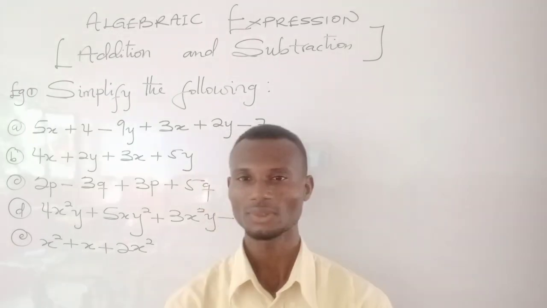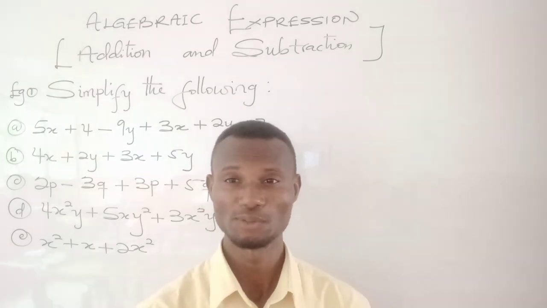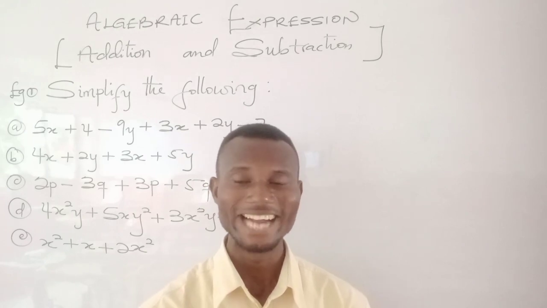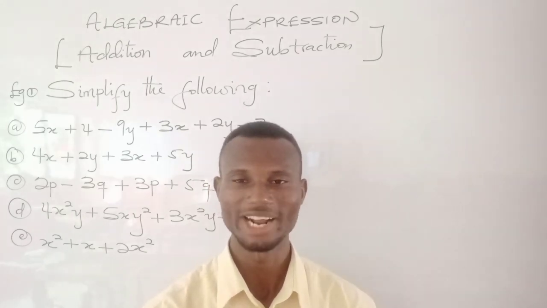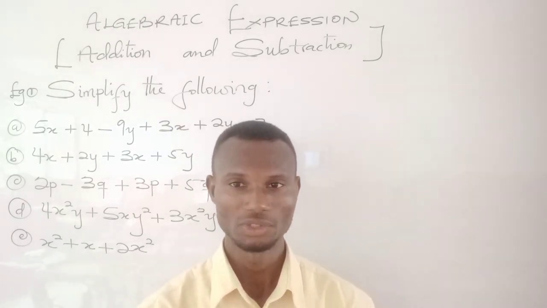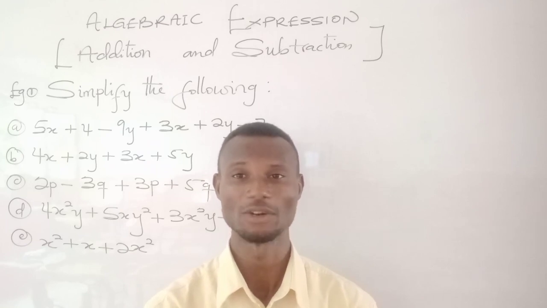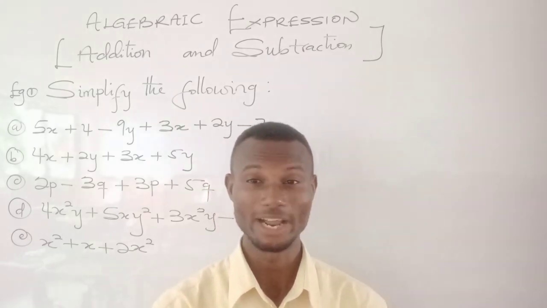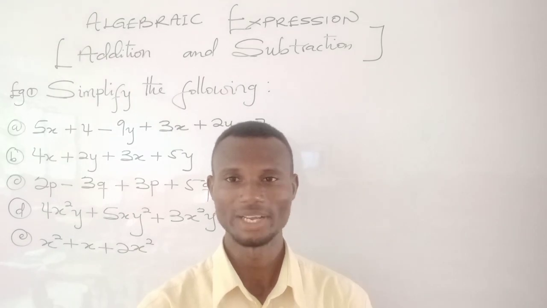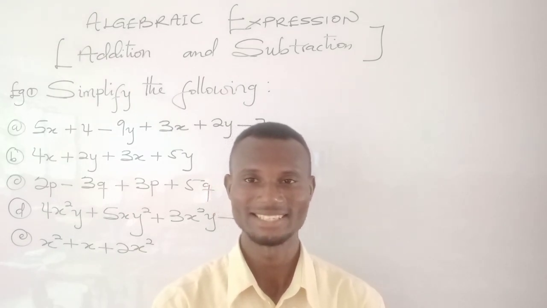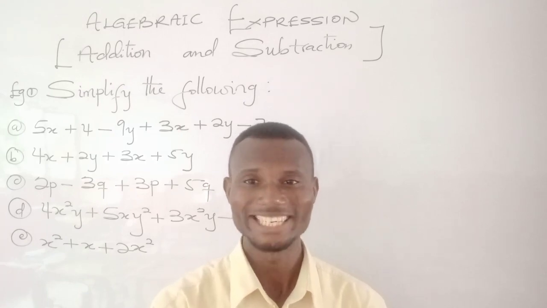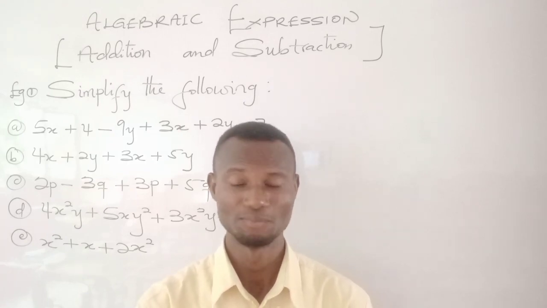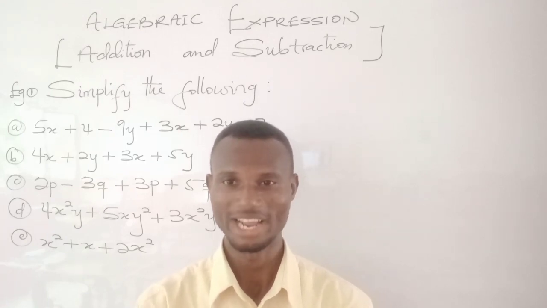Okay, so now, when it comes to adding or subtracting variables, which is the addition and subtraction of algebraic expressions, we deal with the coefficient. After we've checked that they are like terms, for us to add them or subtract them, we deal with the coefficient.